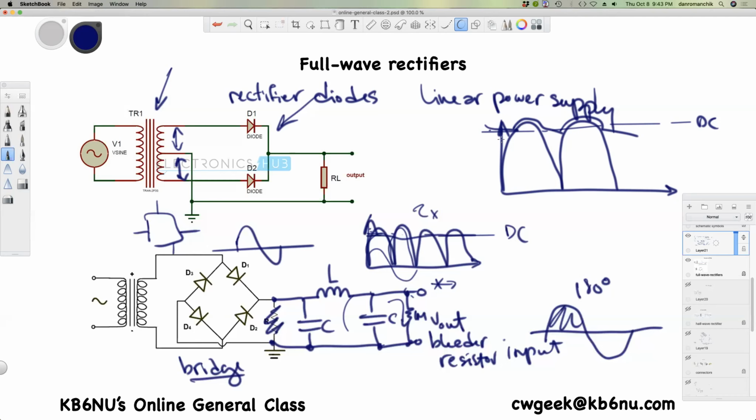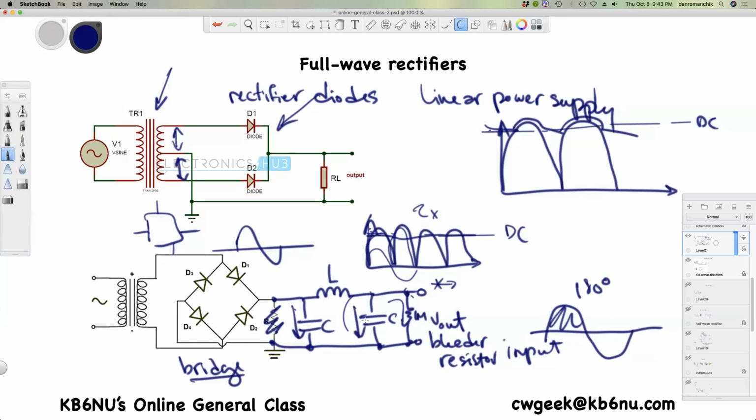Any questions about that? Another simpler way I think about it is that for capacitors, the impedance, the reactance, goes down as the frequency goes up. So if you've got any kind of AC at all, that's going to shunt it to ground.